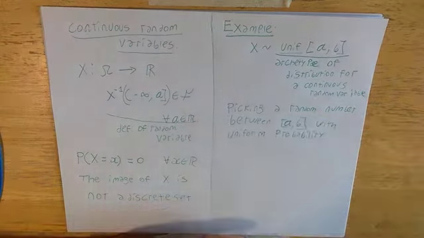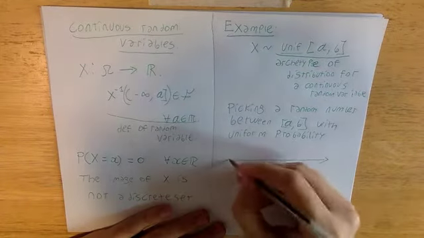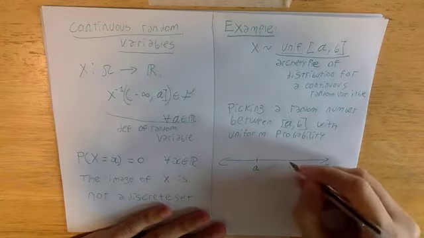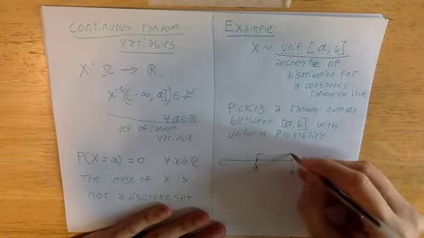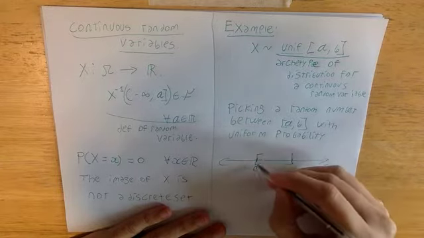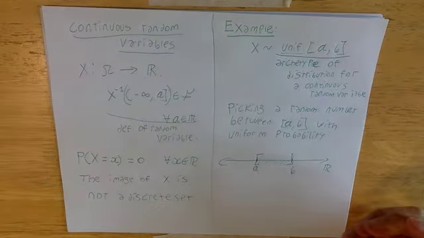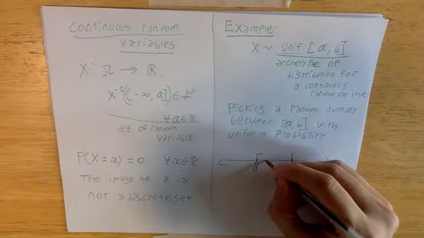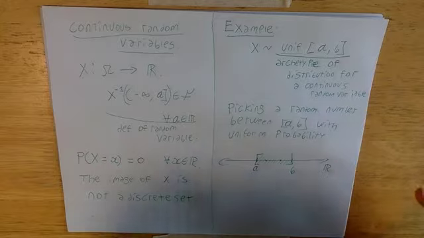So in this case, we have the whole of R, let's say here, and we have A and B. So the distribution picks any random number between A and B. So picking this number and picking this number has exactly the same probability.